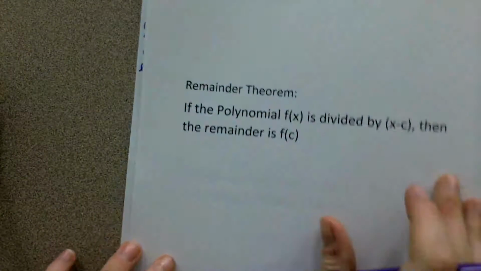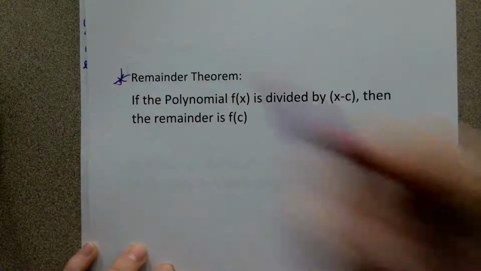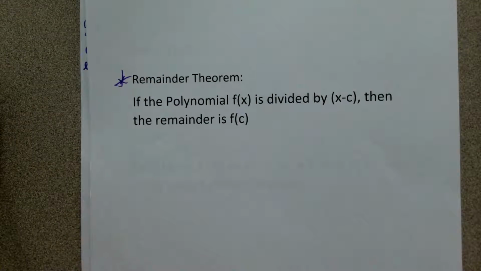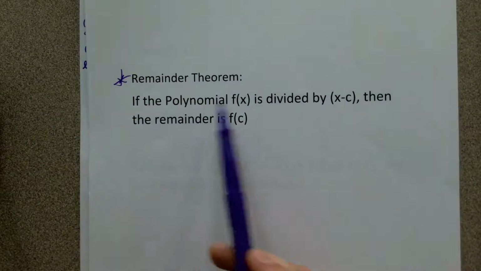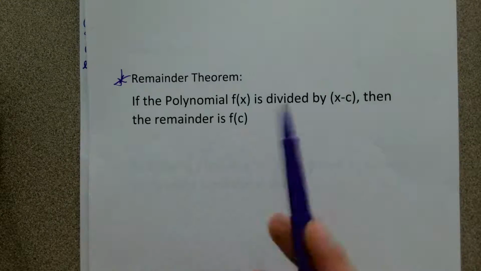If you want to go ahead and pause this, this is a new definition, the remainder theorem, which works both ways. If the polynomial f of x is divided by x minus c, then the remainder is f of c.